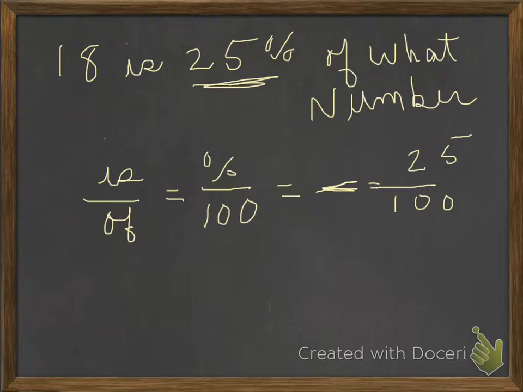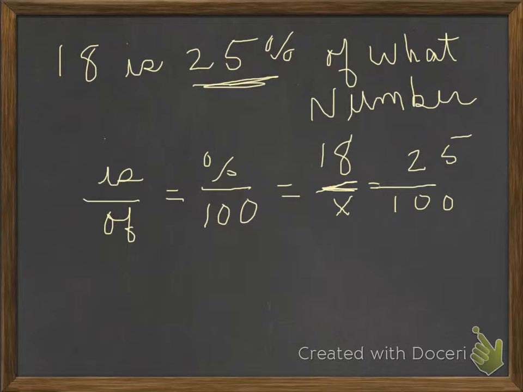Is over of. 18 is 25% of what number? So the is what? It is 18, right? Of what number? You don't know what it is, so we can just put x, just a variable.